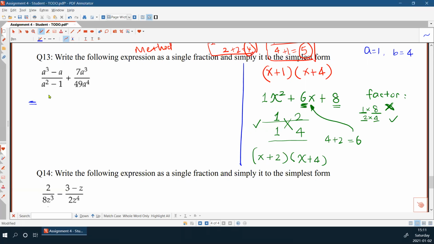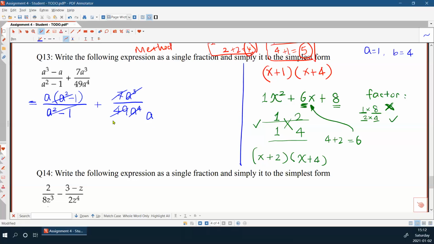For the first term, the numerator can be factored to a times (a squared minus 1), and for the denominator, you can copy the denominator here. Apparently, these two can be canceled with each other. The second term is 7a cubed over 49a to the fourth. So this one can be canceled, and this one leaves you an a here.